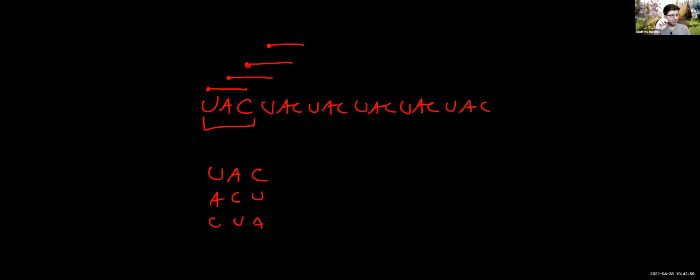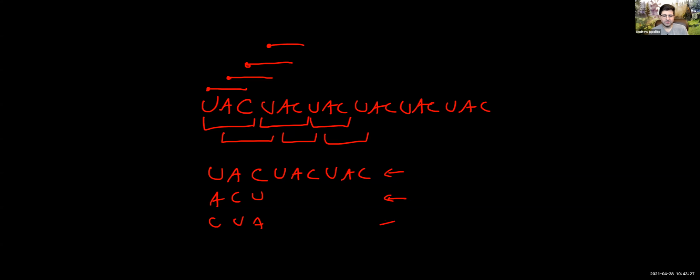So you see how there are 3 different start points in theory. And so therefore, you're going to get 3 completely different codons, right? What's the second codon in this version here? That would be UAC, right? So that's a repeat. How about this one? ACU, ACU. Okay, so they're all repeats, right? That makes sense. And then CUA, CUA, CUA. So we call these different start points reading frames.